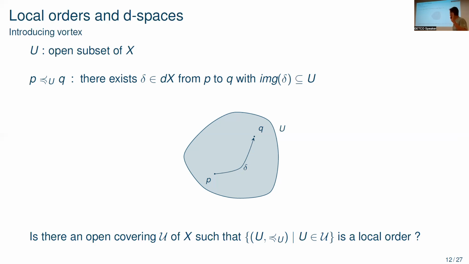But there can be even more strange situations when you reduce the open set U, the path that goes from P to Q is no longer in the smaller neighborhood. Okay, and you can be in the situation where you have no paths which belong to all the open subsets, and then you cannot have a local order.